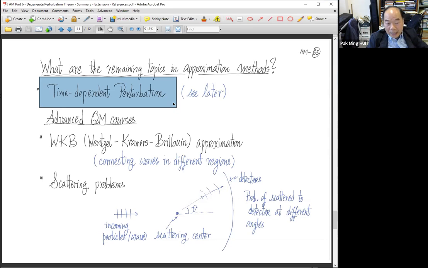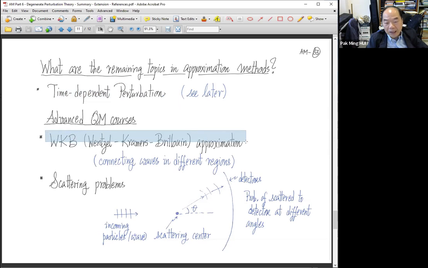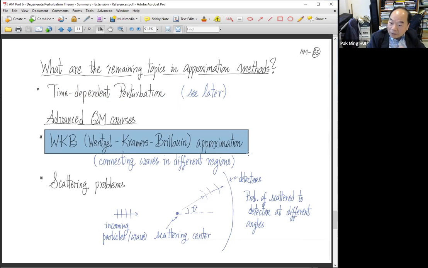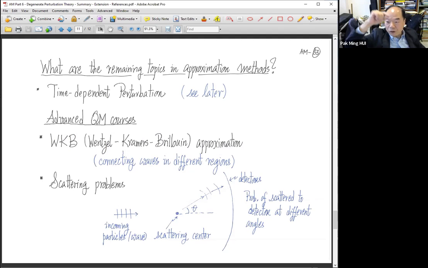Wait. There are two topics, very interesting and important, but too advanced for our course. One of them is called the WKB approximation, under these three names. Basically, it has to do with a potential having different behavior in different regions. How could we connect up the wave functions? This is applicable, for example, to nuclear decay.